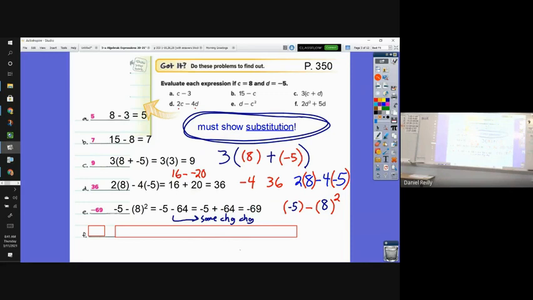Last one, the most complicated one, 2d squared plus 5d. So again, I'm going to write 2 parentheses squared plus 5 parentheses. And then inside the parentheses, I'm going to put the value for d, which is -5.